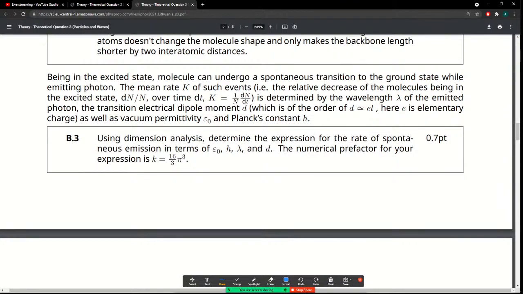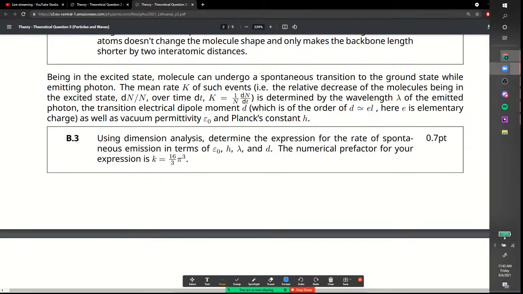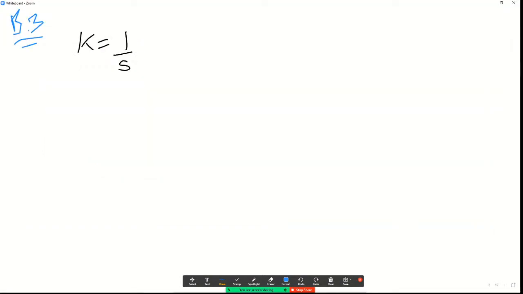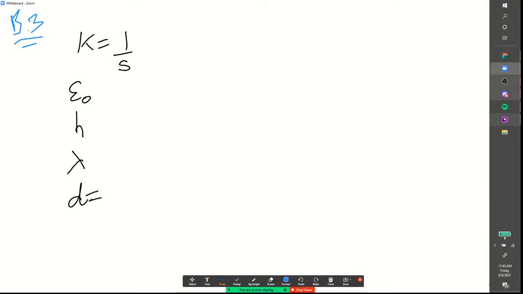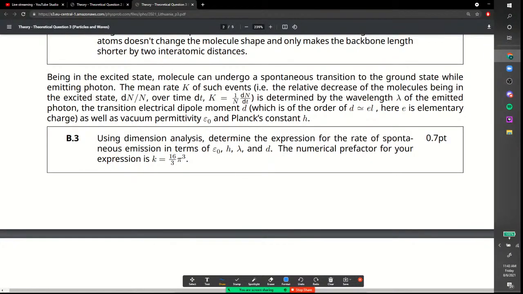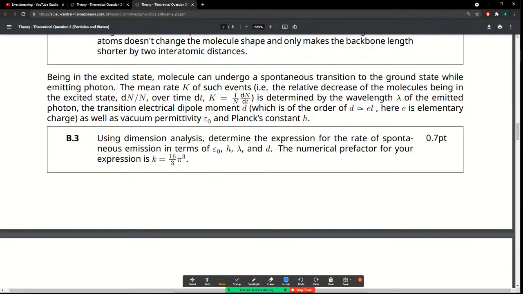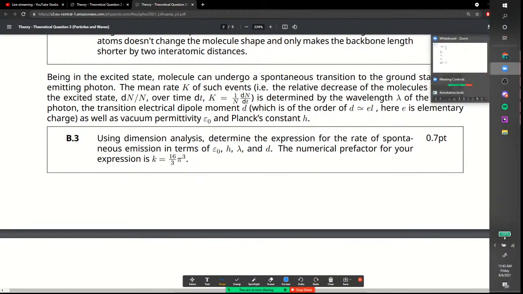So we have K, that is 1 over time dimension, epsilon naught, H, lambda, and D. D is dipole moment, which is P times L, which is Q times L. L here is meter.